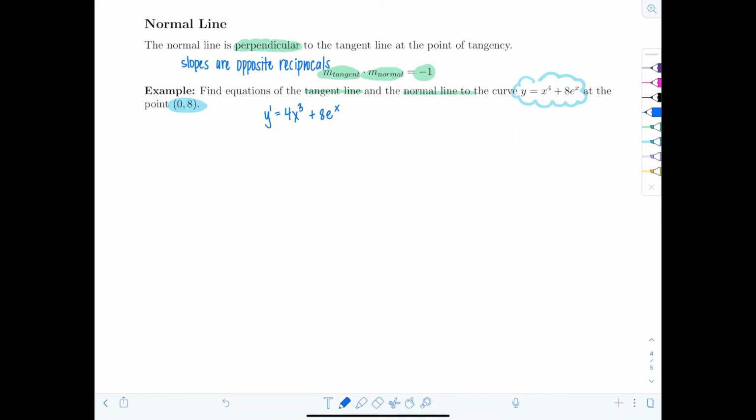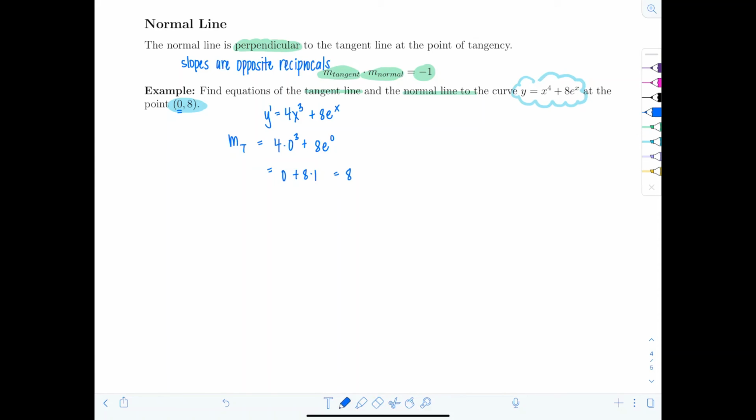So if I want the slope of the tangent line, I'll write m with a t for the subscript. I'm just going to substitute in 0 for x. So that would be 4 times 0 cubed plus 8 times e to the 0, which is 0 plus 8 times 1. So that gives me 8.